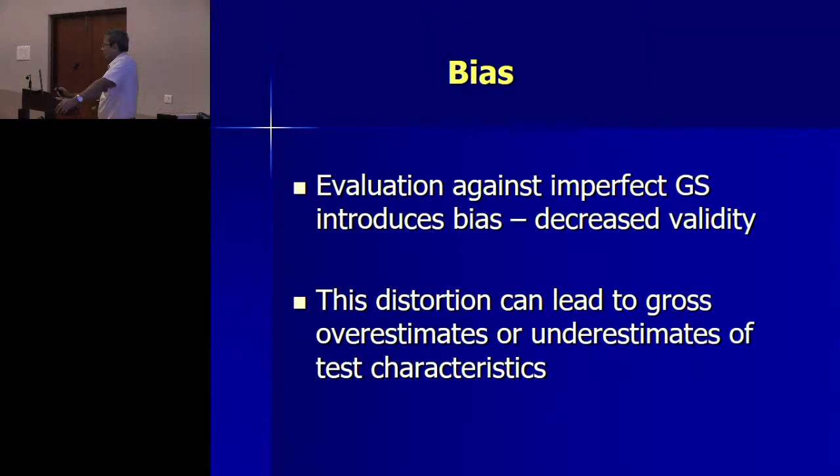This is what we talk about when we talk of a prejudice or bias. So evaluation against an imperfect gold standard introduces bias, definitely. So the validity decreases. Sensitivity, specificity, all of that loses validity if you don't use a proper gold standard. And this distortion can lead to gross overestimates or underestimates of the test characteristics. So everything is suspect.